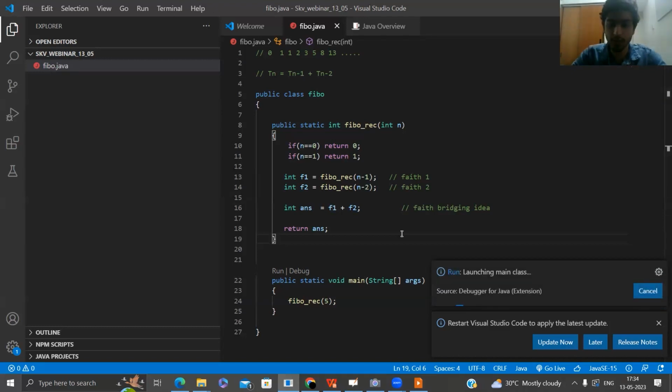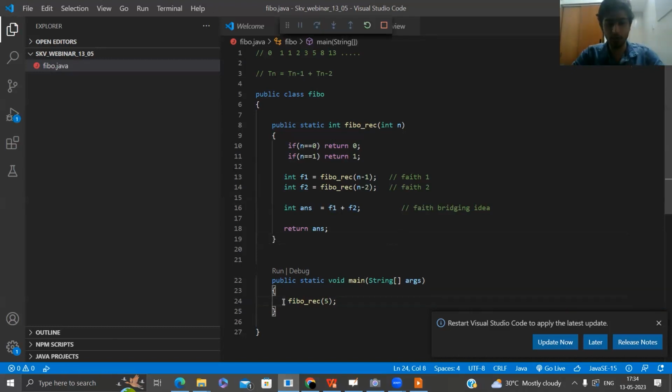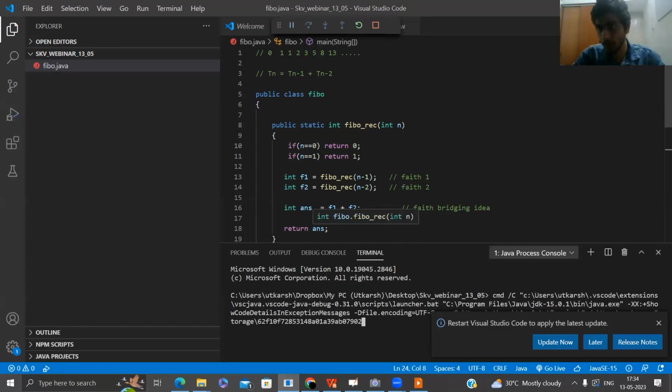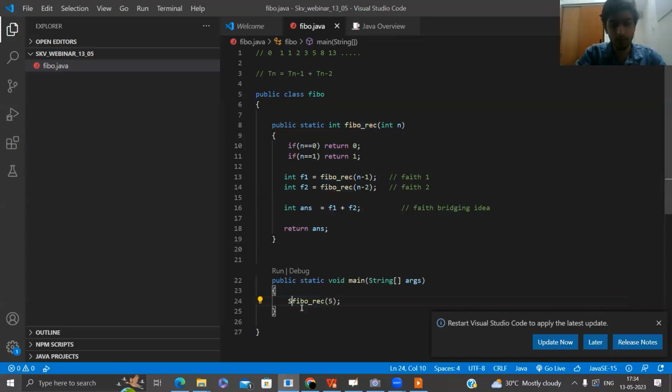If I run this, it is going to be okay. Let me print it also. Let me, for the time being, move it to the left. Let me write the print statement to print the result.